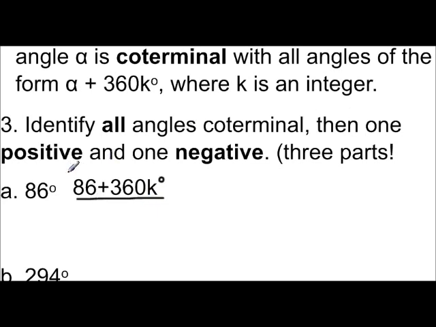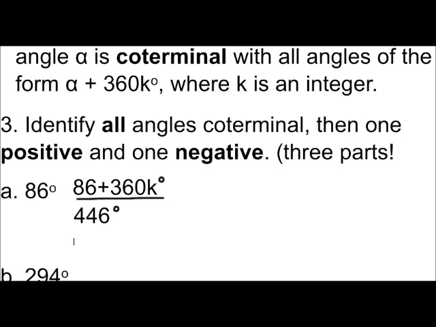If we're asked for an example of one positive angle, we just need to add 360 degrees, and we get 446 degrees simply by adding 360 degrees. That's not the only correct answer. You could also have 446 plus 360 again, so that would be 1006. That would also be coterminal.